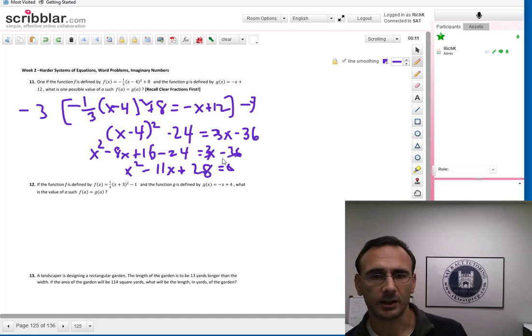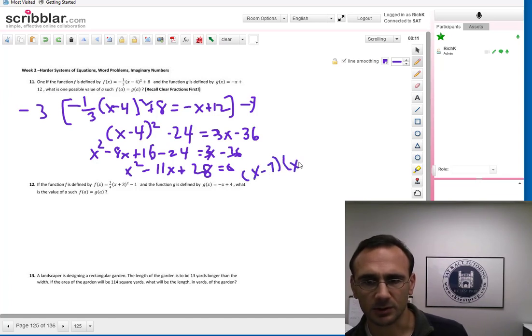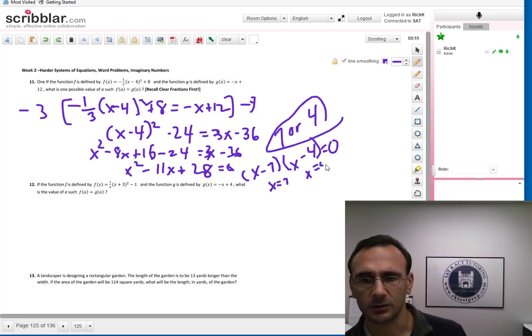And when we factor it, we get that it's either x minus 7, x minus 4, so it's either 7 or 4. We set each factor equal to 0 to get our solutions.